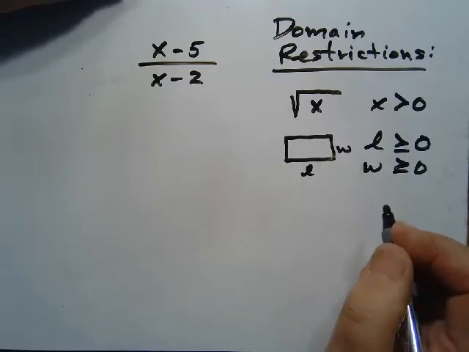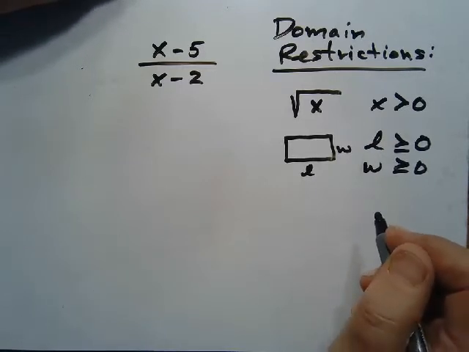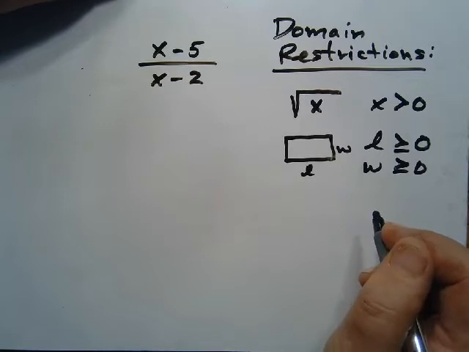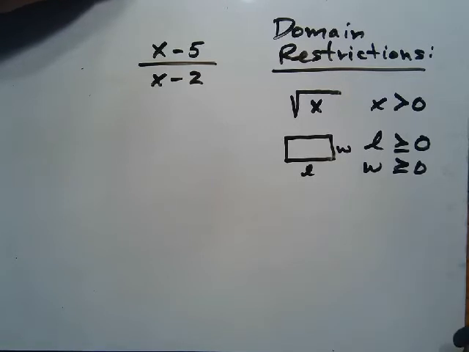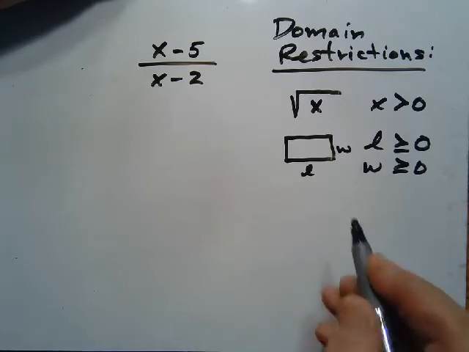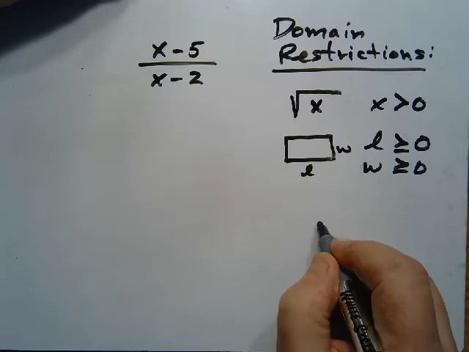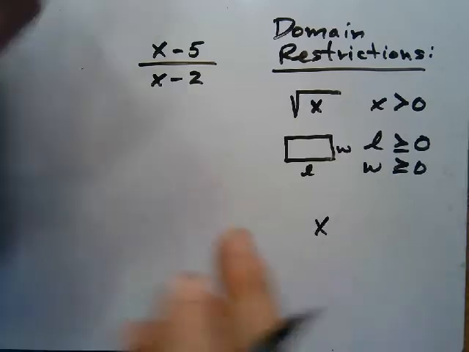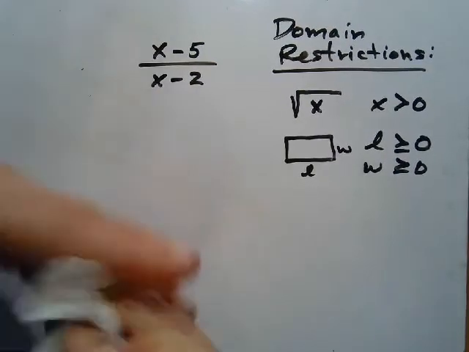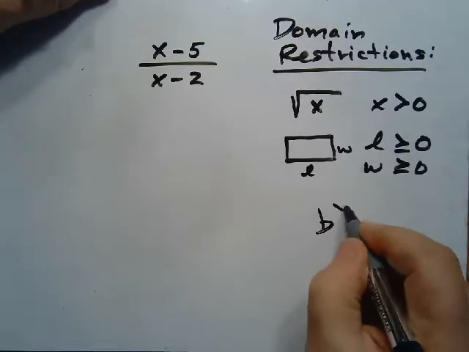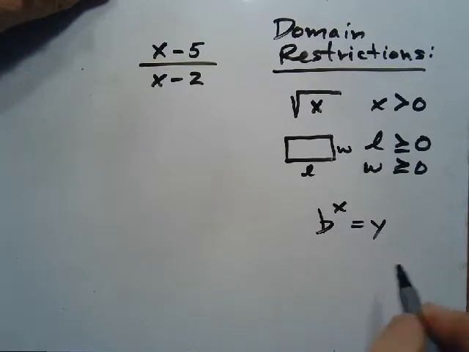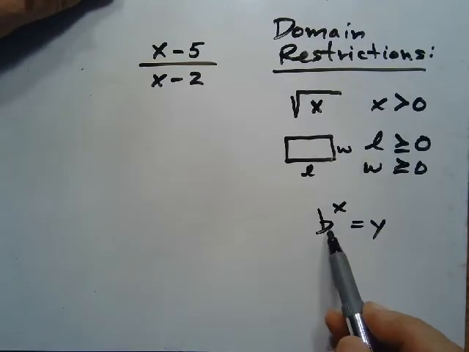Also, maybe you recall that we also talked about domain restrictions in situations where variables are in exponential functions. For example, let's just call the base b: b to the x equals y. We had a restriction on the base here.